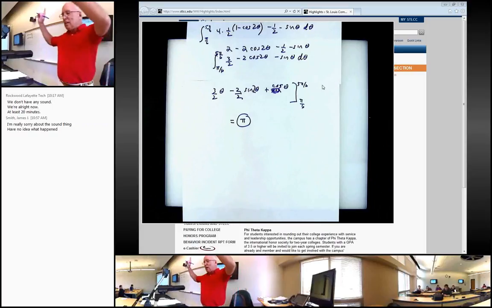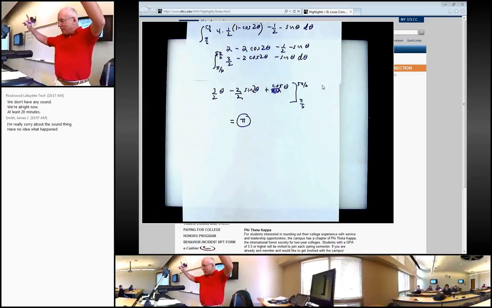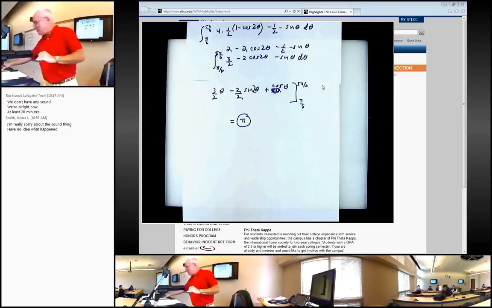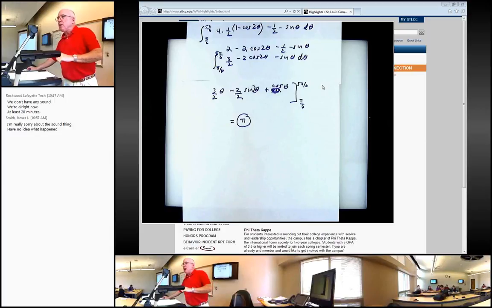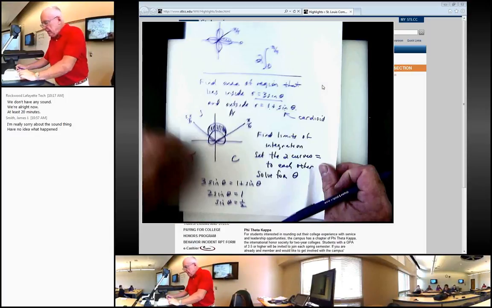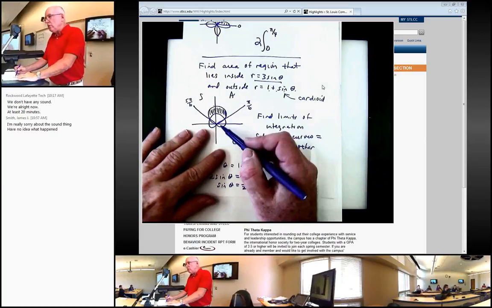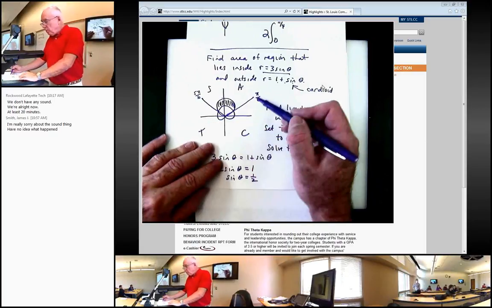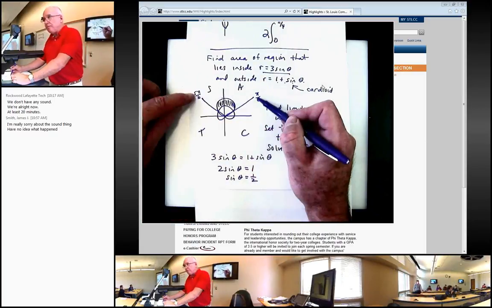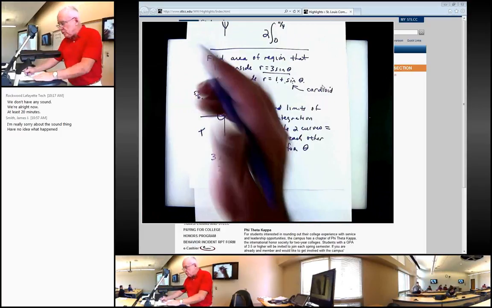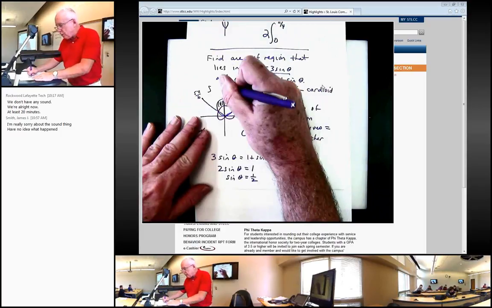The last thing I want to say, I promise today, is this. We could have made this problem at the end a little bit easier. Look at our original drawing here, where we went from pi over 6 to 5 pi over 6. This thing is completely symmetric about the center point right here.